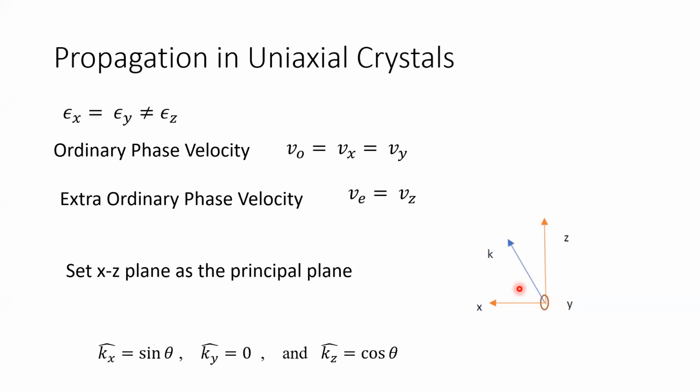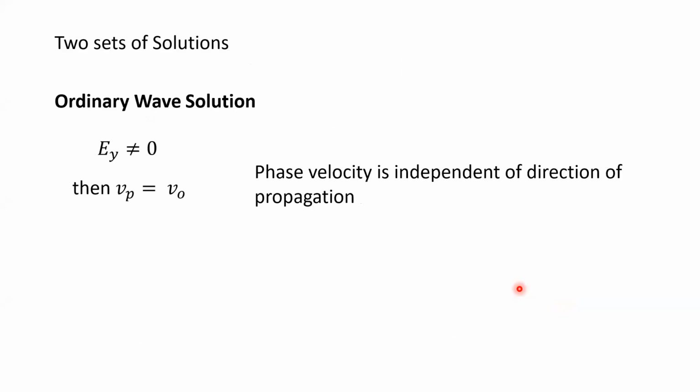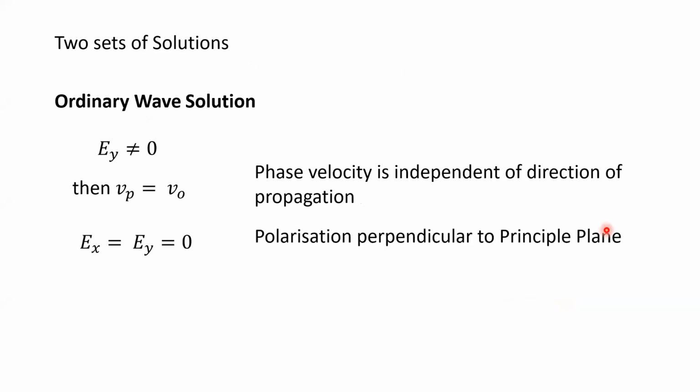So our conclusion is that in the ordinary wave solution, you have electric field only along the y-axis, and the y direction is perpendicular to the principal plane. So polarization is perpendicular to the principal plane. This is very important. Keep this fact in mind. And now, since only one component of E is there, namely the Y component, it doesn't have Ez and Ex.